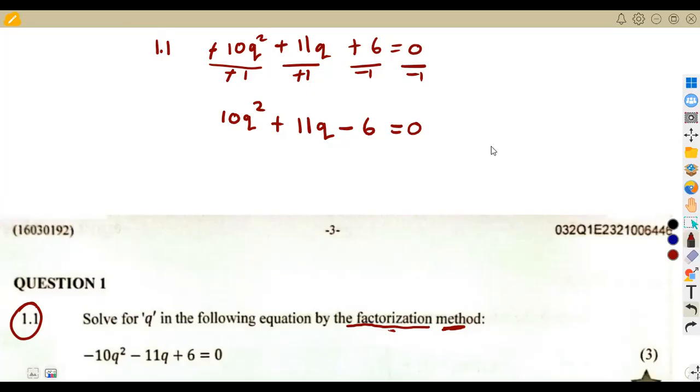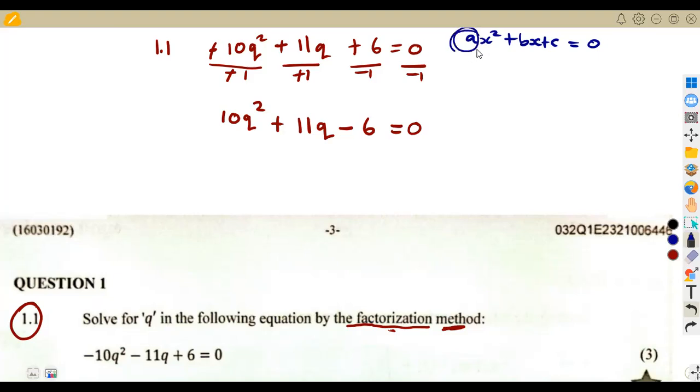So remember what I said about your factorization: when you're given this type of quadratic, whereby the coefficient of the first term, which is the one having the exponent of 2, in the form of ax squared plus bx plus c must be equal to 0 if it is a quadratic equation.